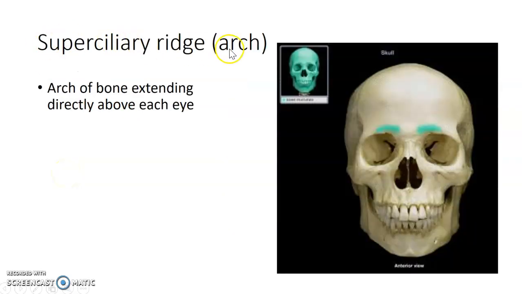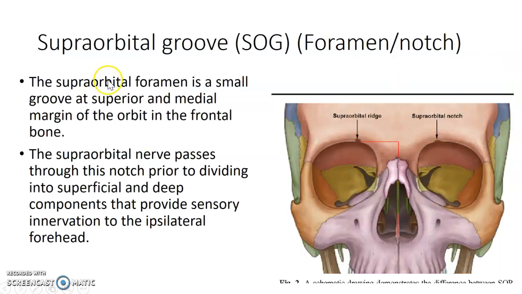The superciliary arch or ridge, okay, is this arch over here, right above each eye. Supraorbital groove, abbreviated SOG, foramen or notch. You might see it both ways. So ridge, notch will be up here in this upper portion.